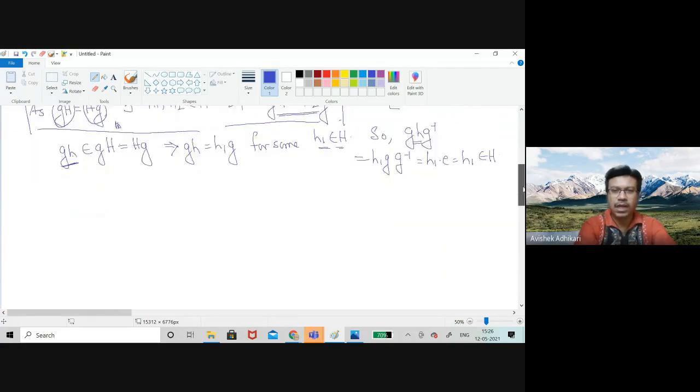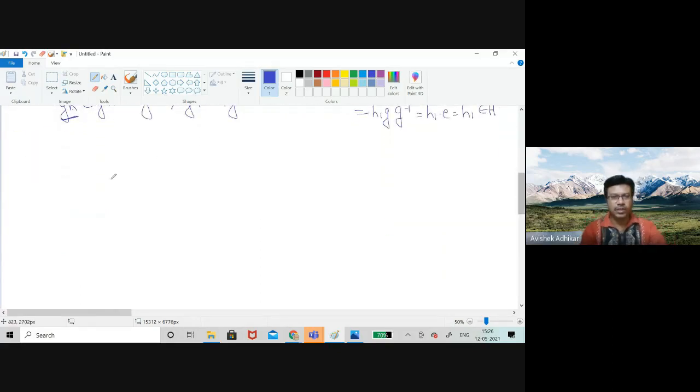Now the other part. So conversely, let for all g belonging to G, for all h belonging to H, g h g inverse belongs to H. What do you need to prove?